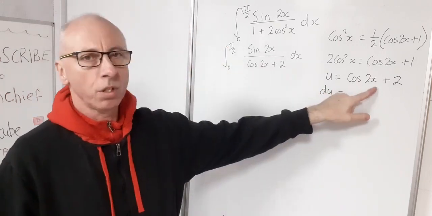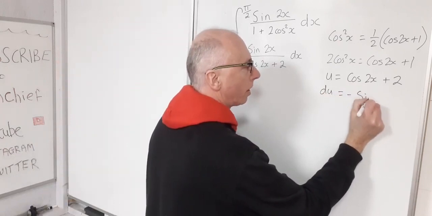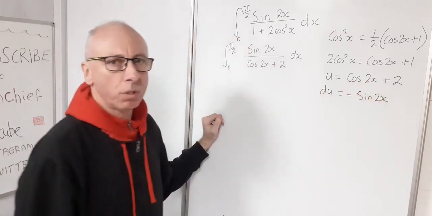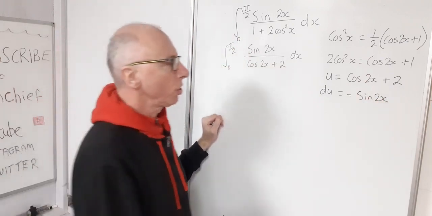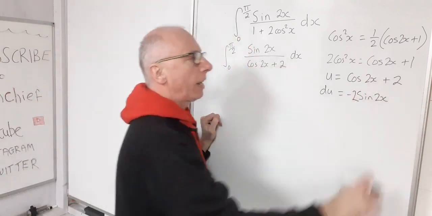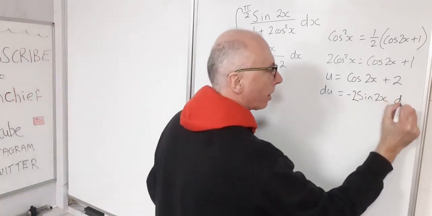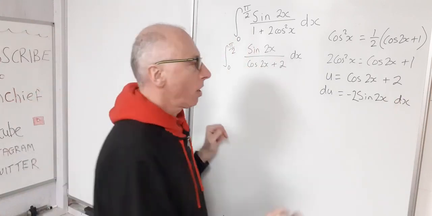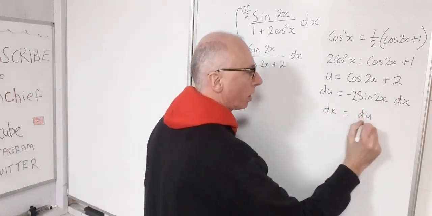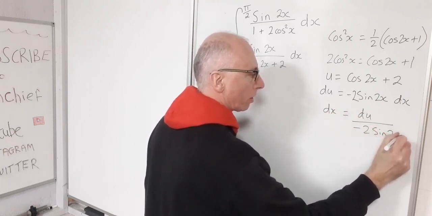Derivative of cosine 2x, well the derivative of cosine is negative sine. The input will stay the same, and then by the chain rule we take the derivative of 2x, which is just 2. So we've got minus 2 sine 2x, and the plus 2 will disappear. So then that will be dx.